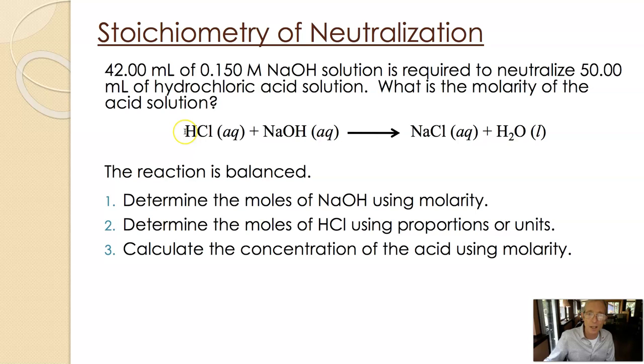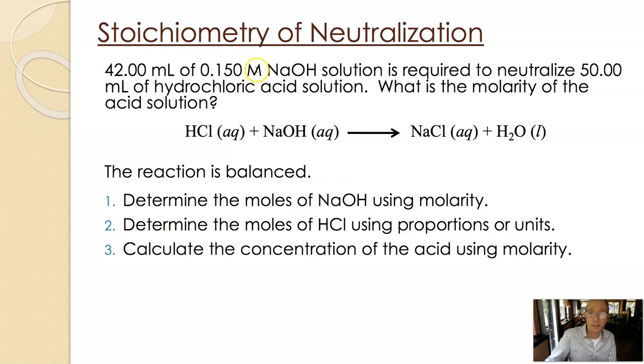1 mole of hydrogen chloride reacts with 1 mole of sodium hydroxide to give us the products of neutralization, salt and water. So what we do with that balanced reaction, first we determine the number of moles of NaOH that were reacted, using molarity.